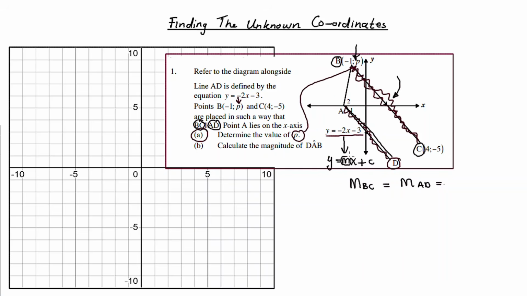The m represents the gradient. That is the value next to the x value, right? So the negative 2 is the gradient for the line AD. Since the line AD is parallel to BC, that makes BC have a gradient of minus 2.